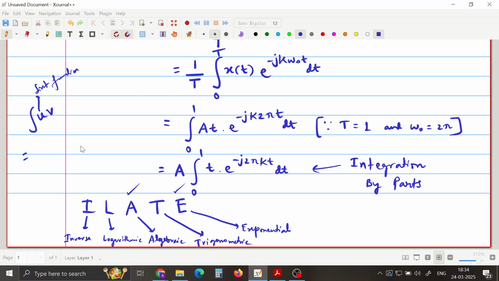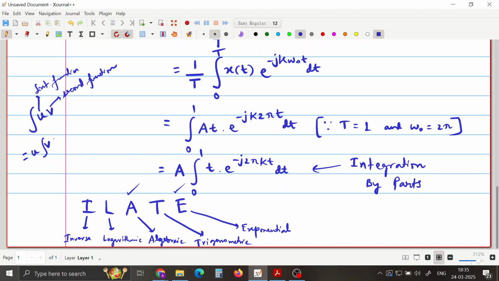Okay, so this is the first function and this is the second function. Once we have decided what is our first function and what is our second function, then we can evaluate this integral.